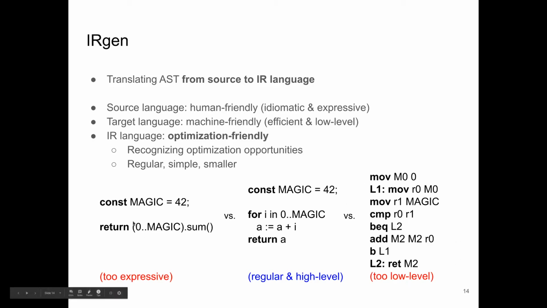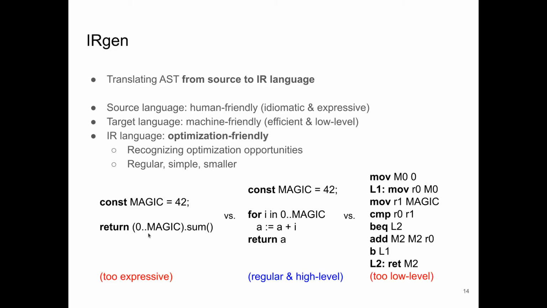Both forms of the programs are not very easy to optimize. In this high-level program, it is really difficult to notice that this is actually performing a summation, and that we can just unroll this and get the value at once.